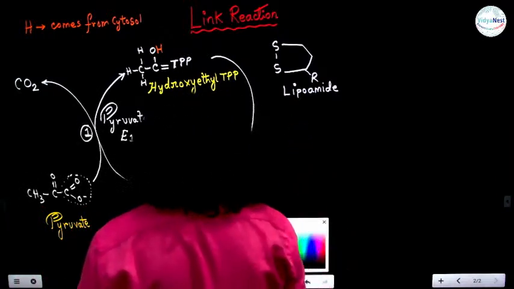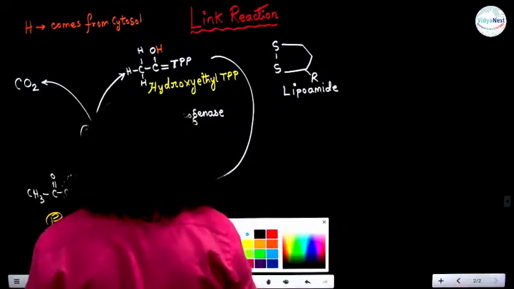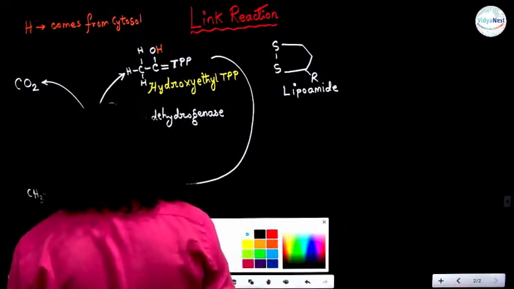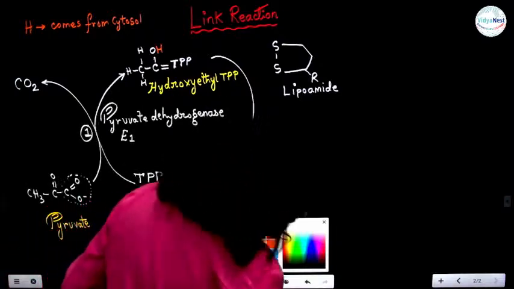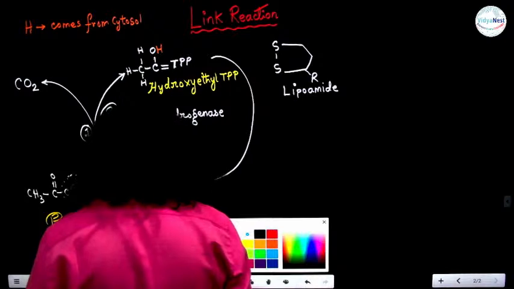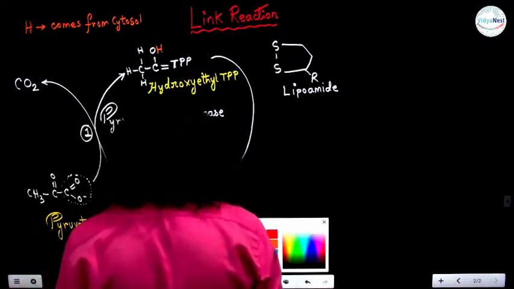Now, after the lipoamide is formed, it will react with this hydroxyethyl TPP and get converted into acetyl dihydrolipoamide.